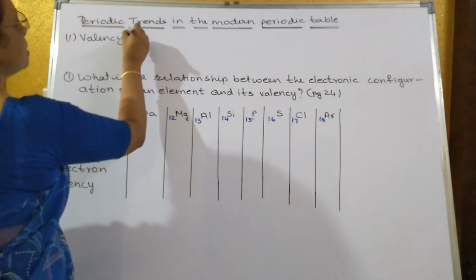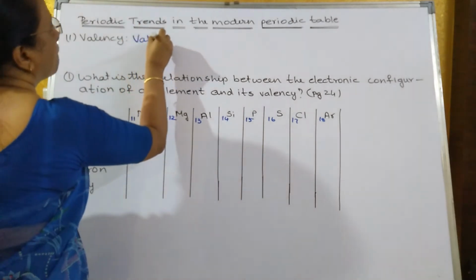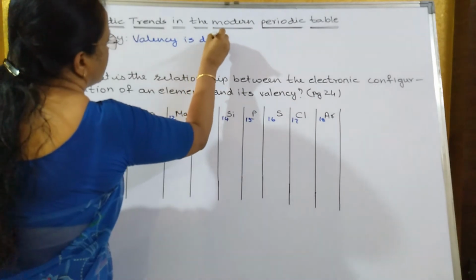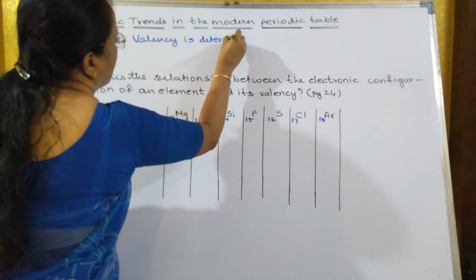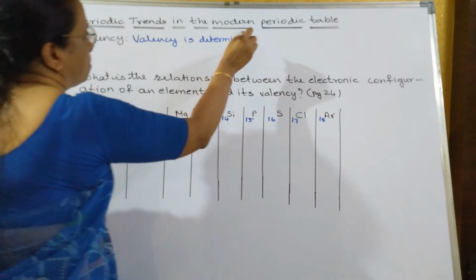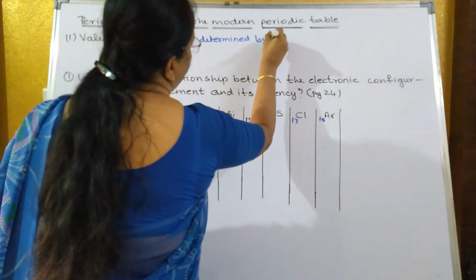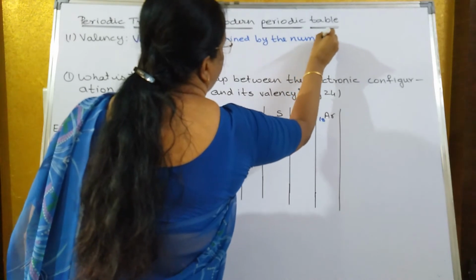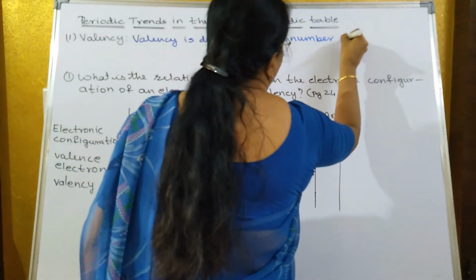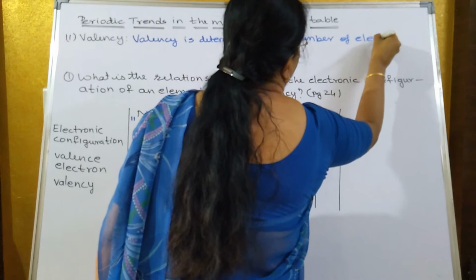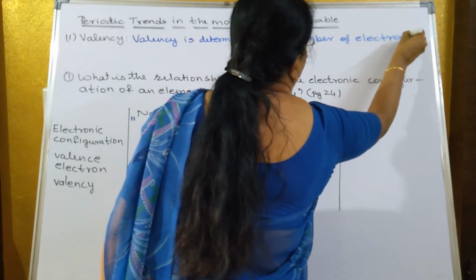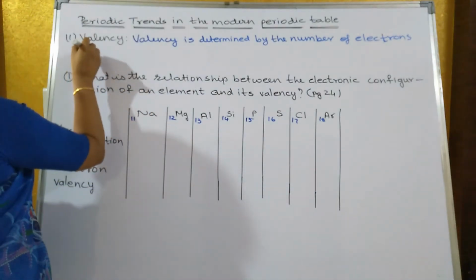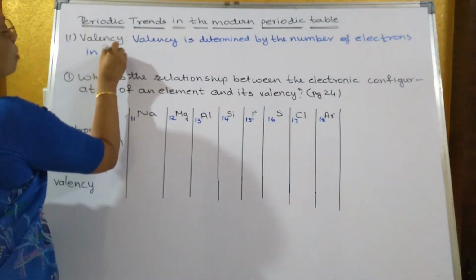Valency is determined by the number of electrons in their outermost shell.